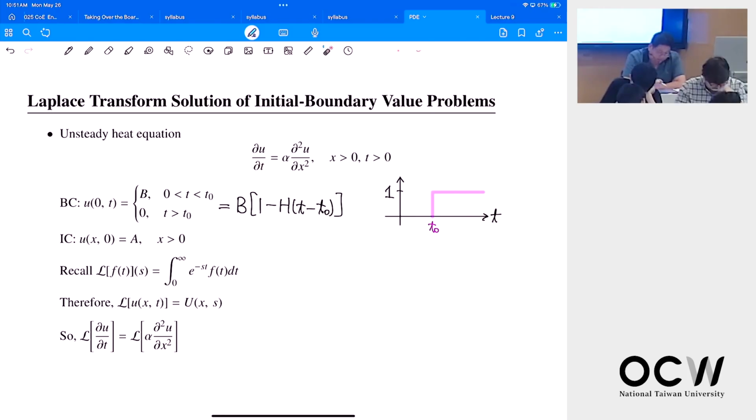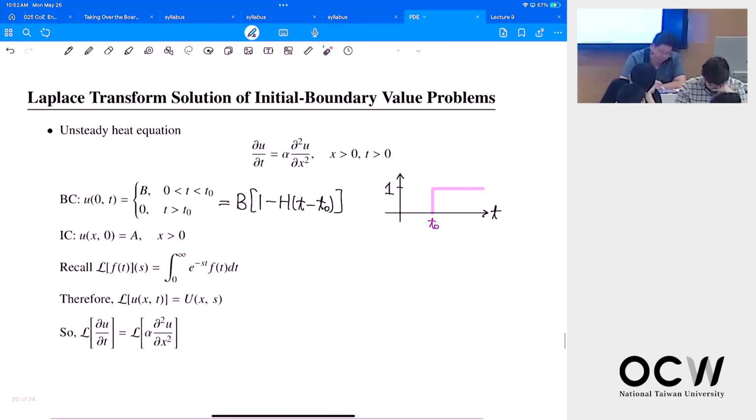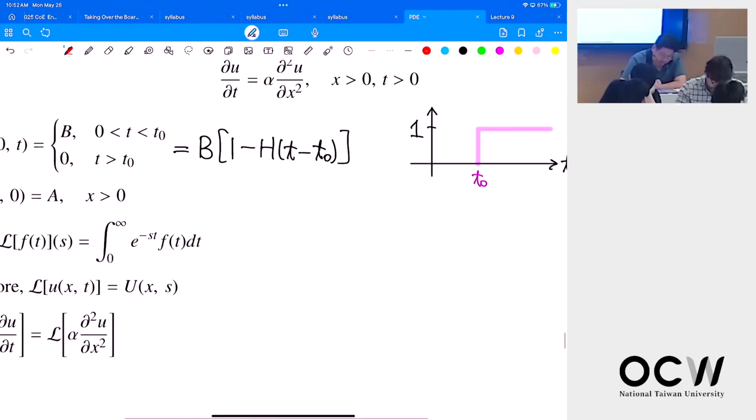So remember the Laplace transform: here's the Laplace transform. F of t, your function, times e to the minus st. This is the Laplace transform in time t.